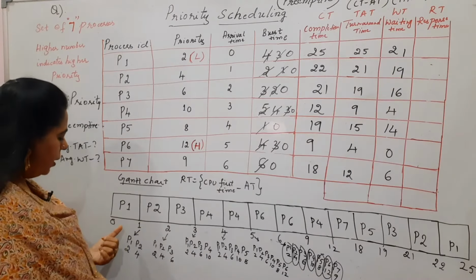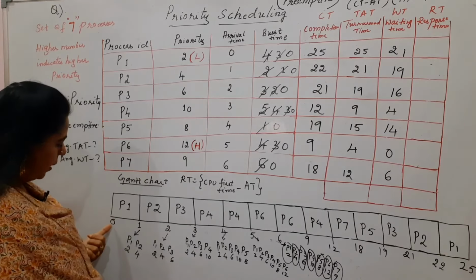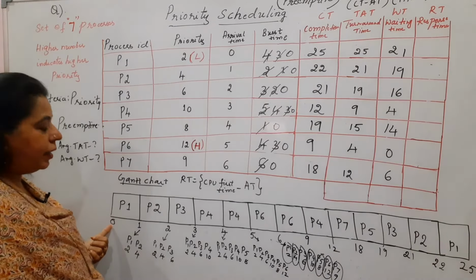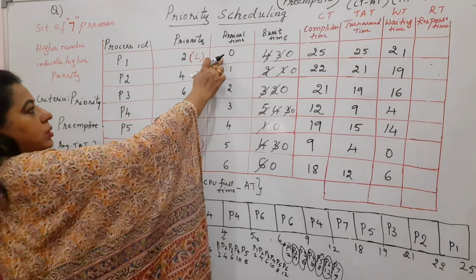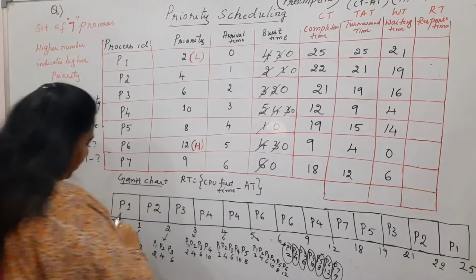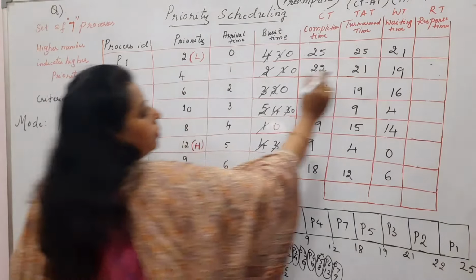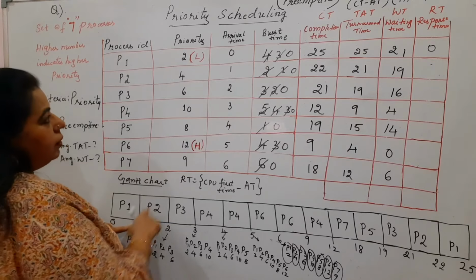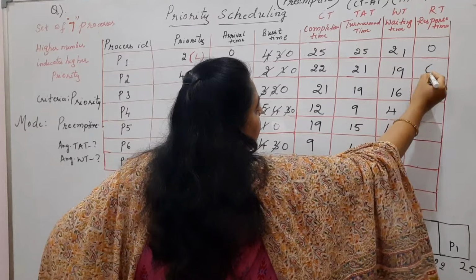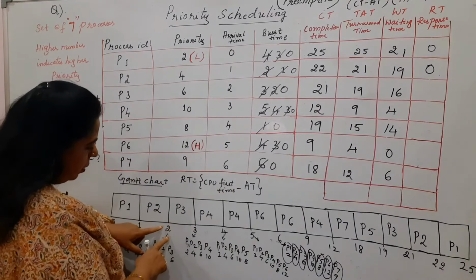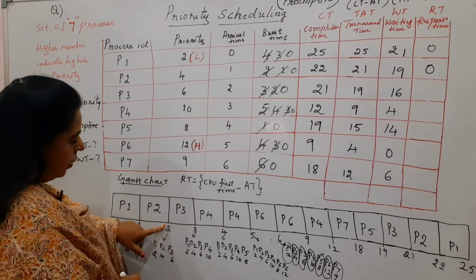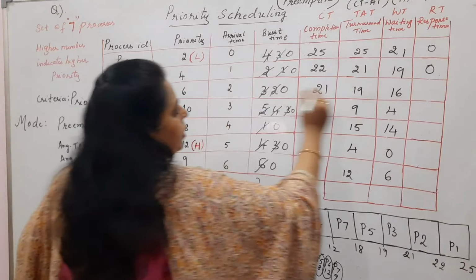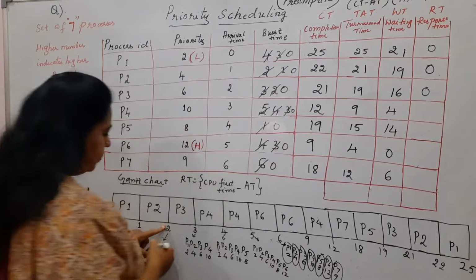So look here, for the process P1, CPU was allocated immediately at time 0, but its arrival time is what? 0 only. So the response time will be 0, this 0 minus 0. For P2 it got here, arrival time is 1, so 1 minus 1, 0. P3 was allocated at time unit 2, arrival time is 2, 0.